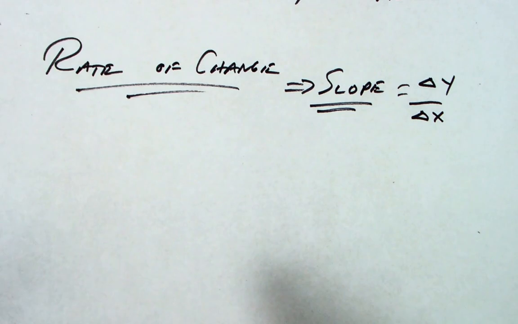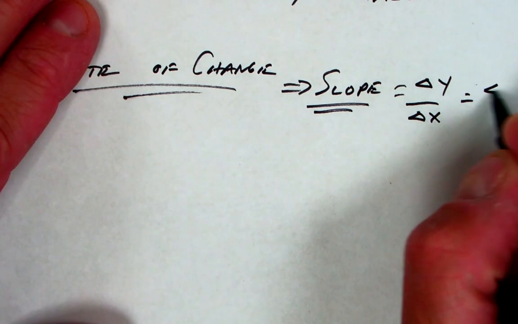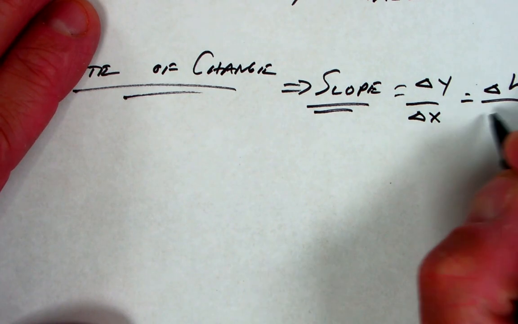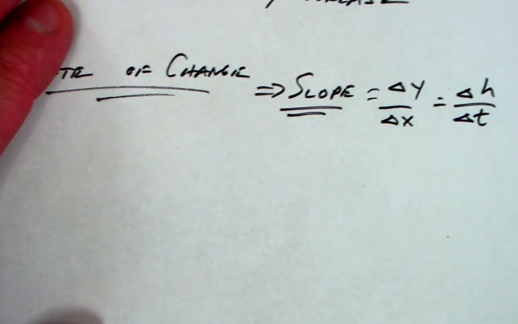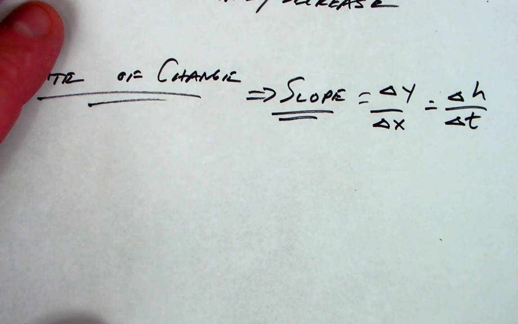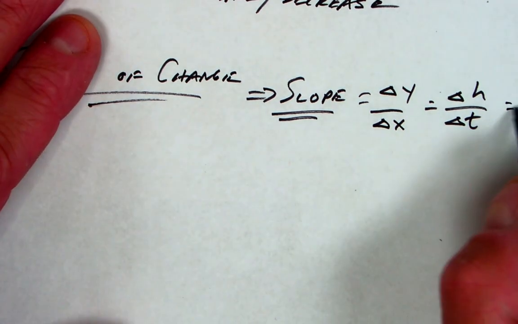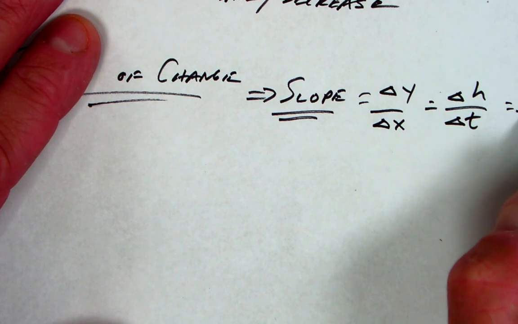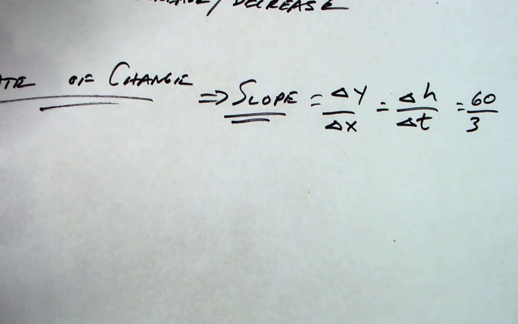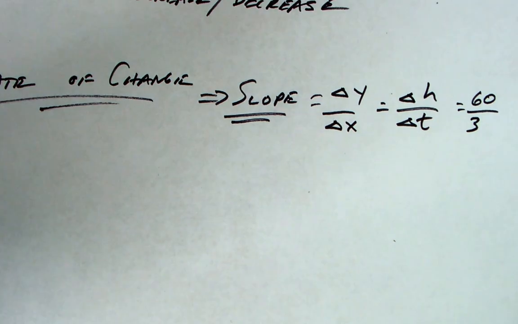Now it's going to be a bit more elegant. It might be the change in height over the change in time. Like, if it went up 60 feet in 3 seconds, then my rate of change is 20 feet per second.